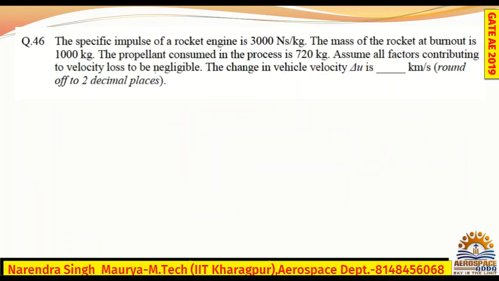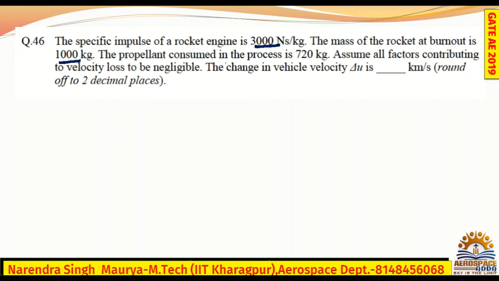Okay. Now this is the next problem, problem number 46. The specific impulse of a rocket engine is given as 3000 Newton second per kg. The mass of the rocket at burnout is 1000 kg.